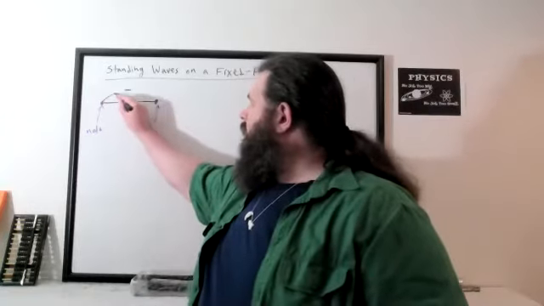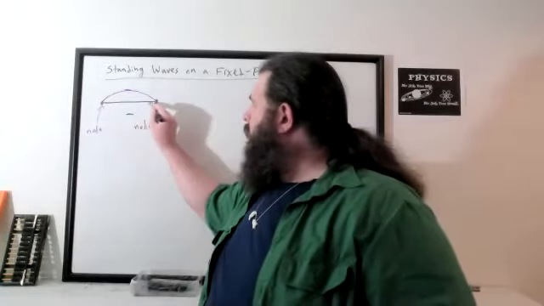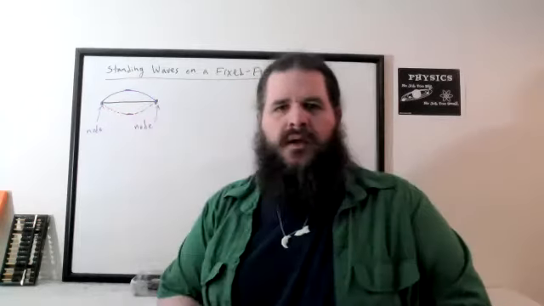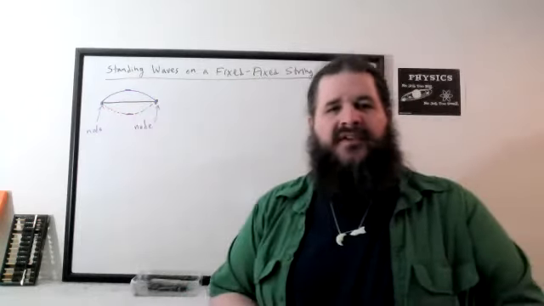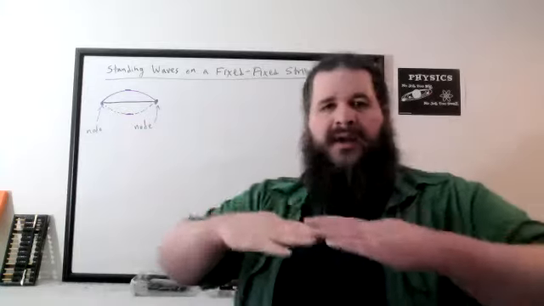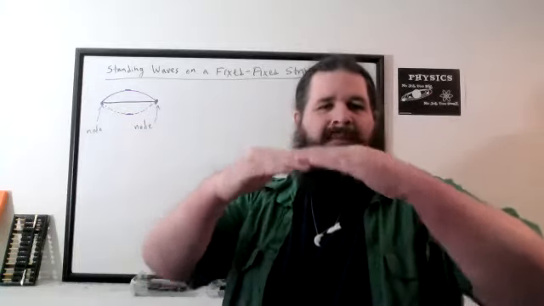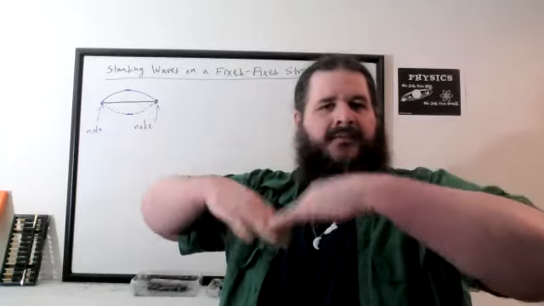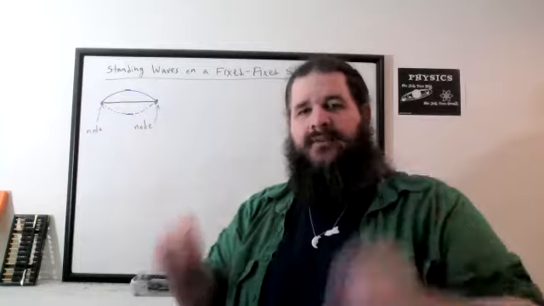And this is usually going to be drawn like this. These curves basically represent the shape of the string when it's at its highest up and the shape of the string when it's at its lowest down. The string is going to be oscillating like this with the two endpoints fixed in place.